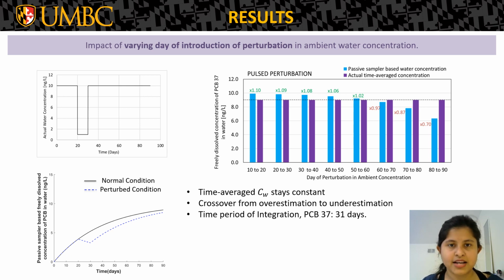So which means that the time period of integration, which is the amount of time that PCB37 requires to recover from a 10-day long pulse perturbation, is around 90 minus 60, around 30 days. So now the question is, how consistent is this behavior across the various PCB homologs?